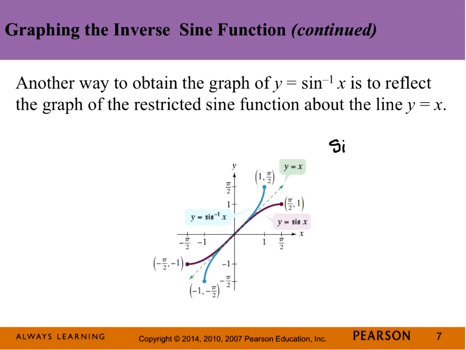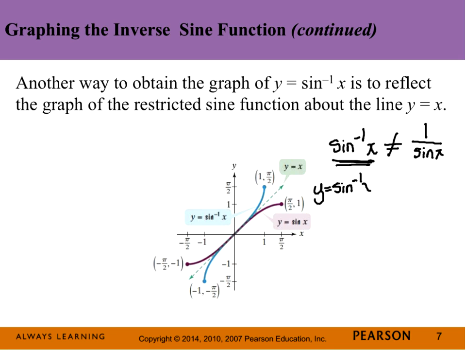Okay, at this point, I would like to bring up that sine inverse function is not the same thing as 1 over the sine of x. Just like that -1 floating up in the air is not raising to an exponent of -1, this is how you denote the inverse function.